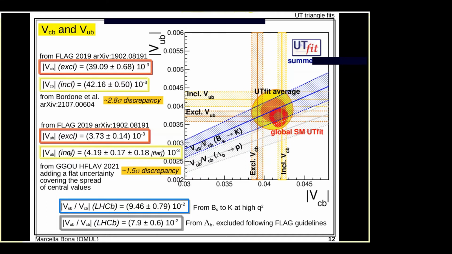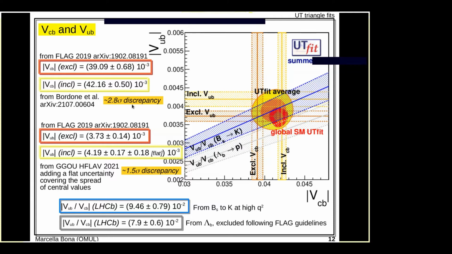Like for the V_ub inclusive, this might change this summer because we're working on having a different determination, but this was taken from the HFLAV with a flat component that basically covered the spread of the central values for the different methods that the HFLAV shows, okay?